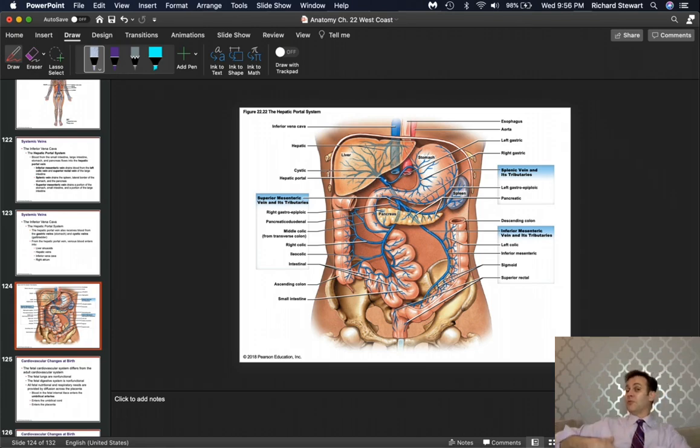They're going to port all the nutrients over to our liver, so our liver can process it, and then the blood's going to exit from the liver through the hepatic vein, which is then going to go up into the inferior vena cava. So just to understand, the portal system is where the veins, rather than going to the vena cava first, take all the nutrients from digestion to our liver to be processed.